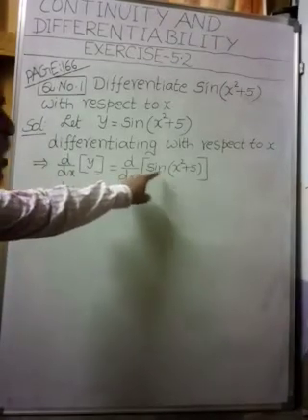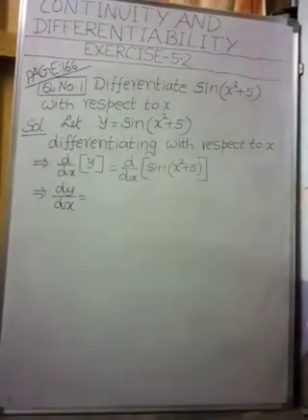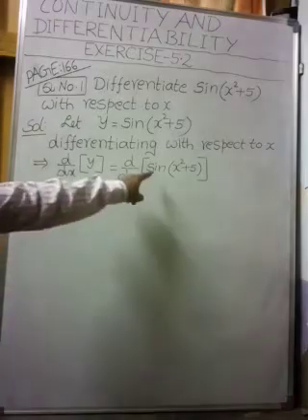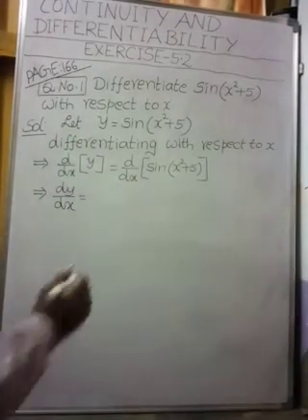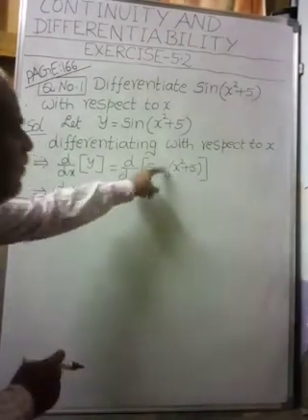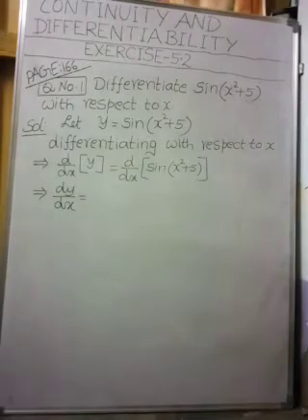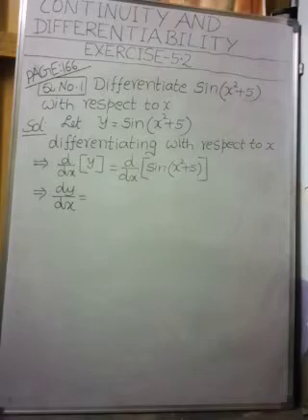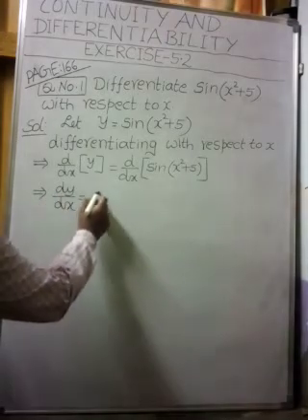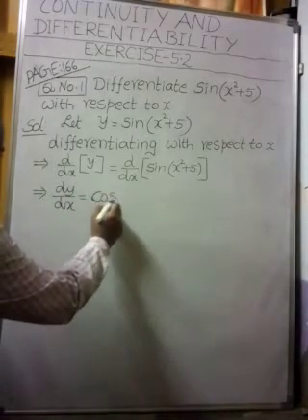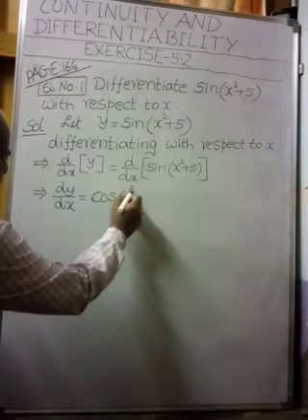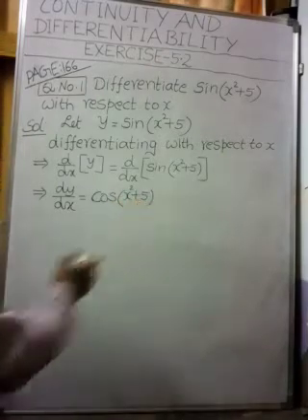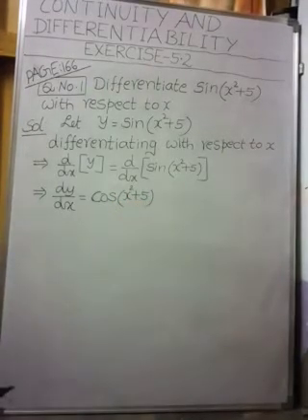Sin function, and x square plus 5 is another function. So first we find the derivative of sin. We assume this entire part as x in your mind. So d by dx of sin x. What is the formula? d by dx of sin x is cos x. So cos x means here x square plus 5 only, not x. Remember this point, my dear children.